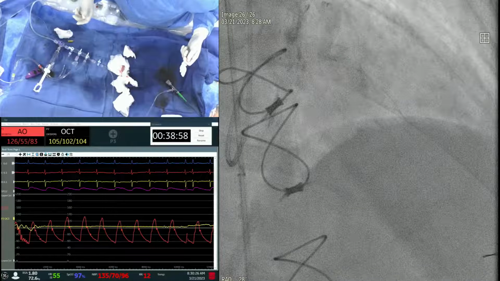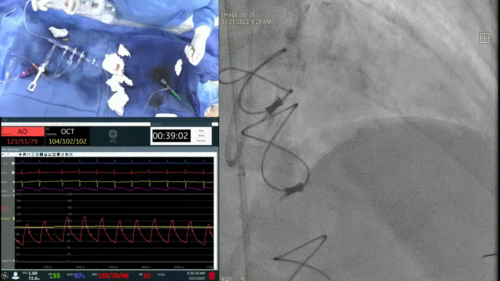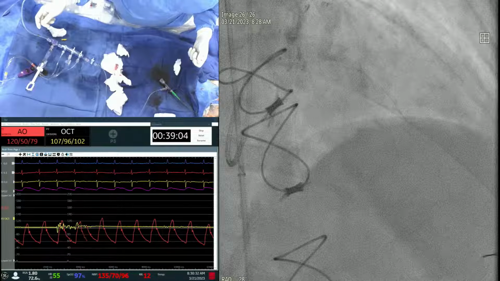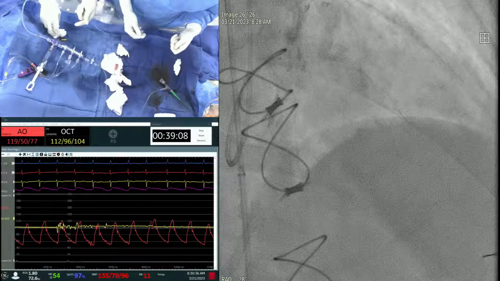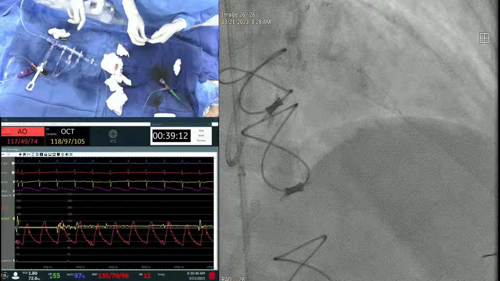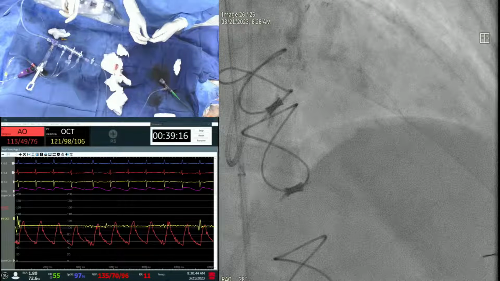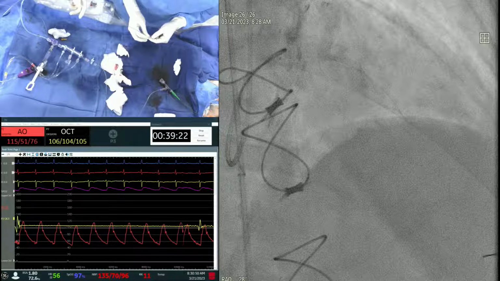Okay, so we are getting 3.5. This side. 3.5 IVL is getting ready. And it should go easily, knowing that the Rota bar went in. Let's see.